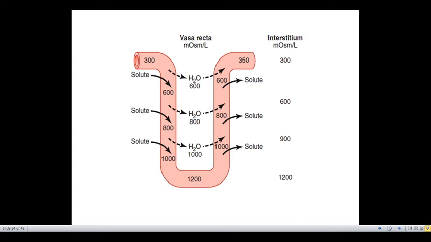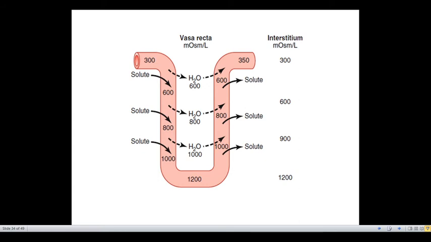In the ascending limb of the vasa recta, the opposite occurs. The solutes diffuse back into the interstitial fluid and water diffuses back into the vasa recta.